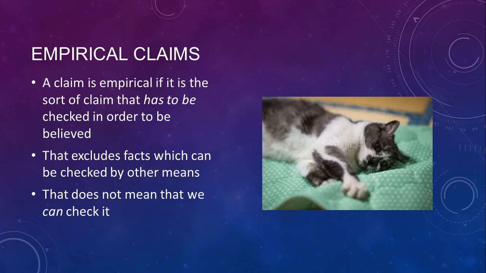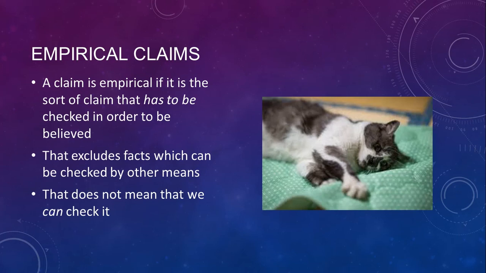Does it mean that the check for an empirical claim comes before the claim or after the claim? Like, to know if one fact is an empirical claim, does the must-be-checked come before or after?